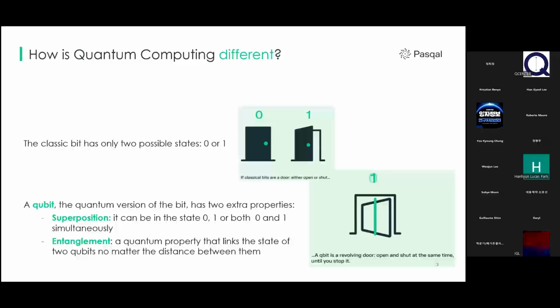To go back to the door analogy to illustrate the complexity, instead of a conventional door, for a quantum computer you would need to imagine a revolving door, so a door that turns around this axle, which can still have a 0 position when it's fully closed. It can still have a 1 position, so to speak, when it's fully open, but it can have an infinite amount of intermediate positions where it is partially open. There is a small gap or a larger gap. This is just to illustrate the initial complexity, but the story doesn't end here.